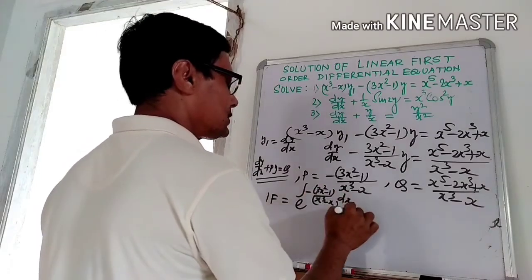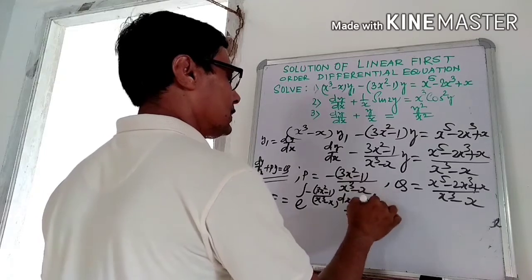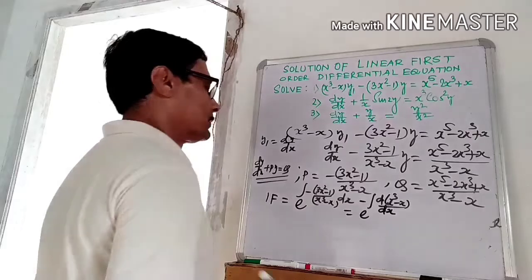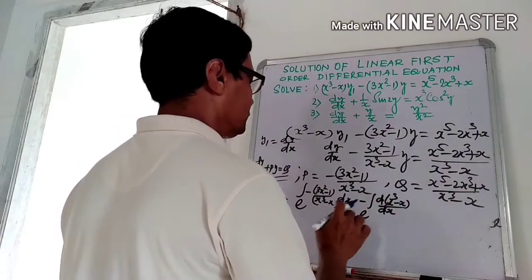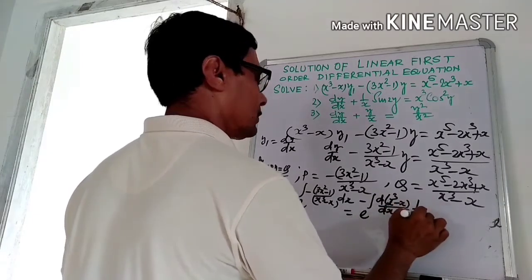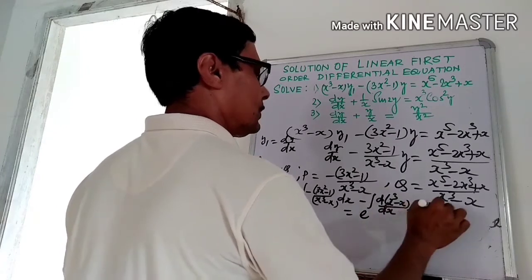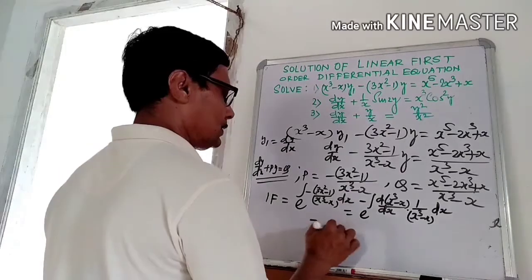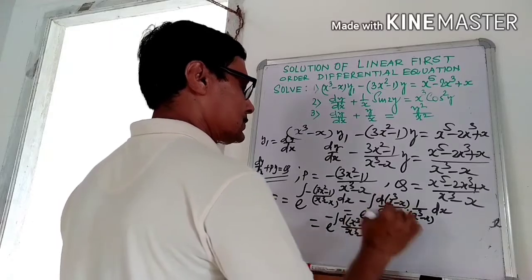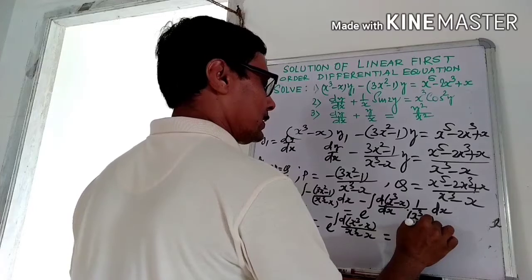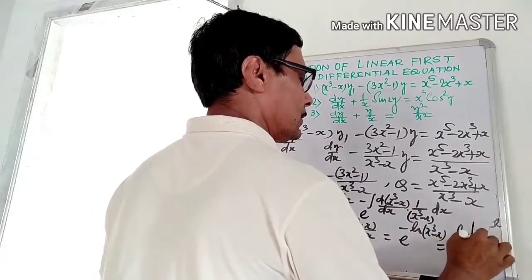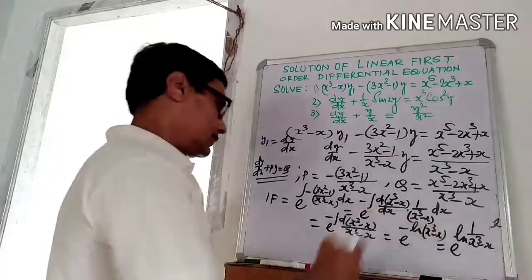If we integrate this, we get minus the integral of d(x³ minus x)/(x³ minus x), which is e to the power minus log of (x³ minus x), that is e to the power log of 1/(x³ minus x). This is the integrating factor.